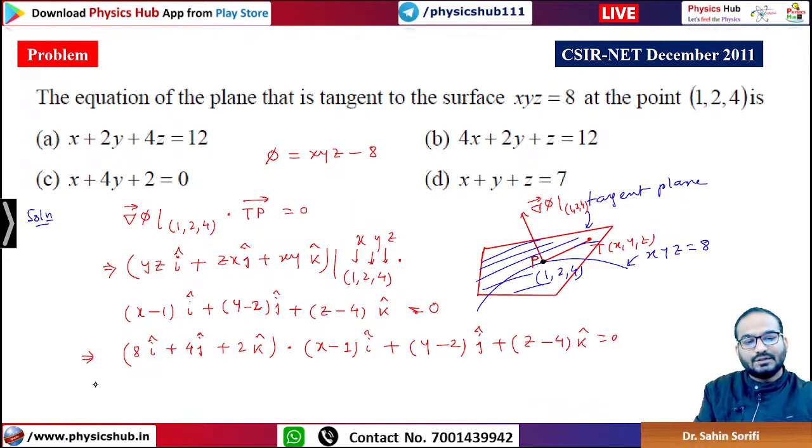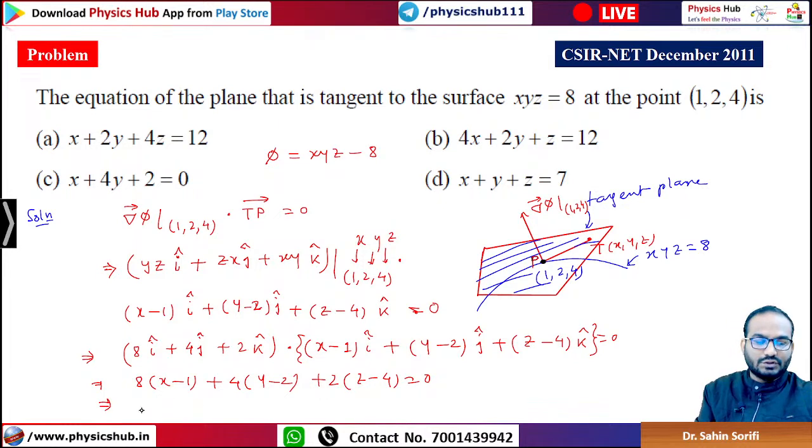This is equals to 0. And if you take the dot product, what do you get? Let's give second bracket. So 8 times (x minus 1) plus 4 times (y minus 2) plus 2 times (z minus 4), this is equals to 0.